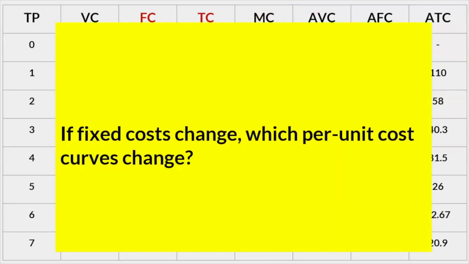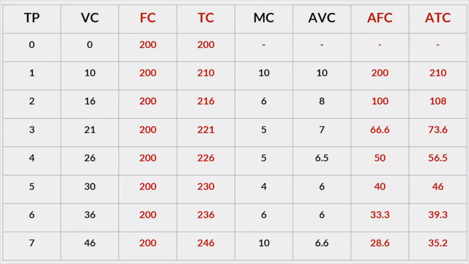Well, here, basically, this is the question I'm asking. If our fixed cost changes, which of our per unit cost curves are also going to change? Well, the only two that are going to change are our average fixed cost and our average total cost. Why? Because our average fixed cost is just our fixed cost divided by quantity.